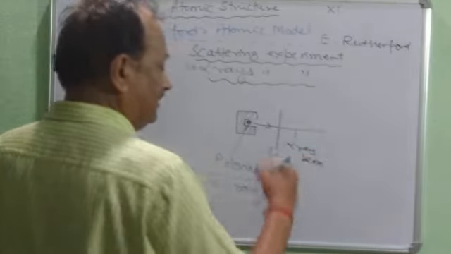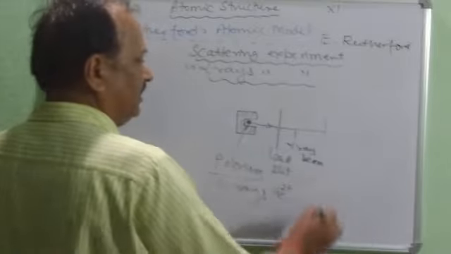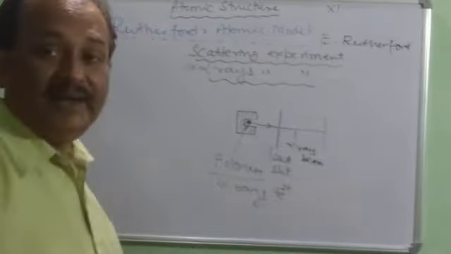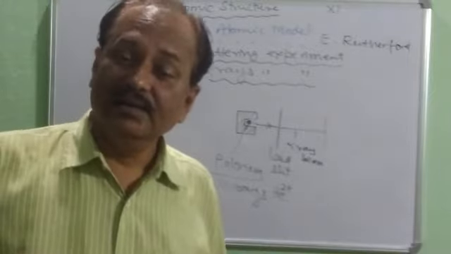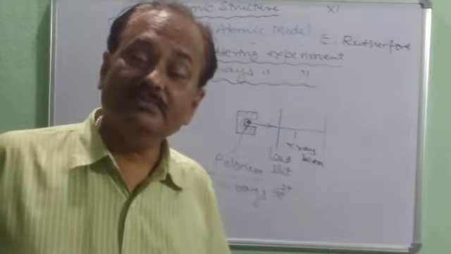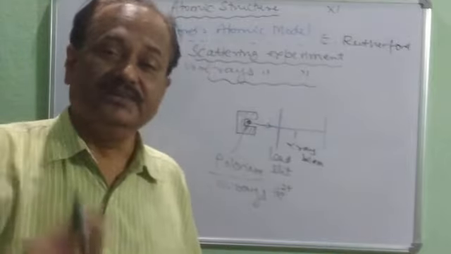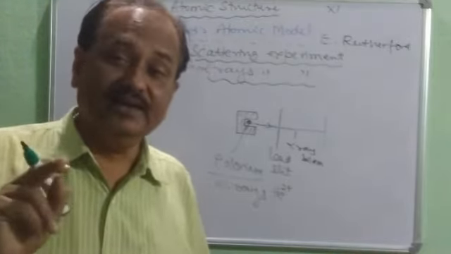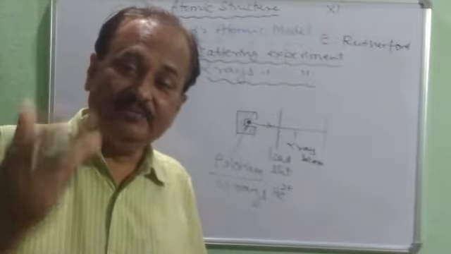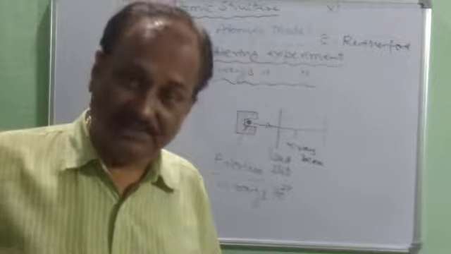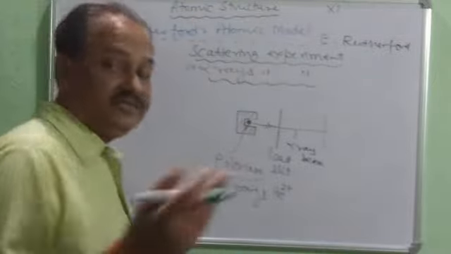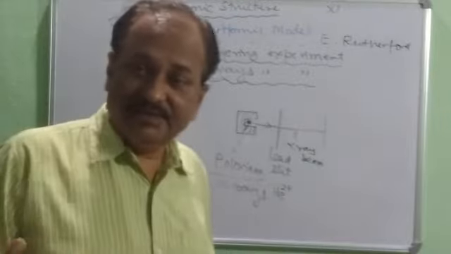Then in front of this there was a very thin gold foil, less than a millimeter, placed here. Why was gold taken? Because of 2 reasons. One is that gold is highly stable, and gold can be beaten into a very thin sheet due to its malleability.